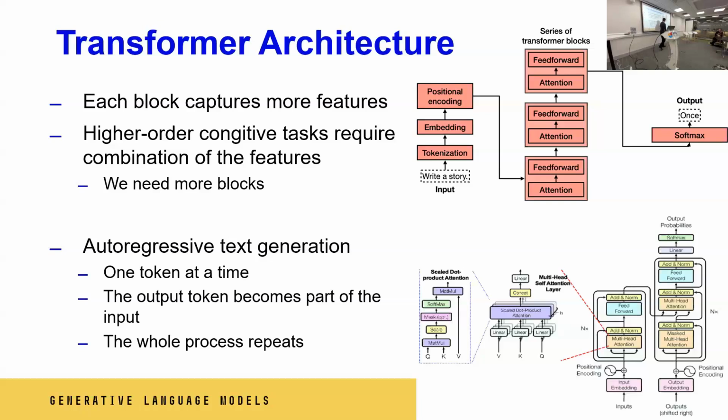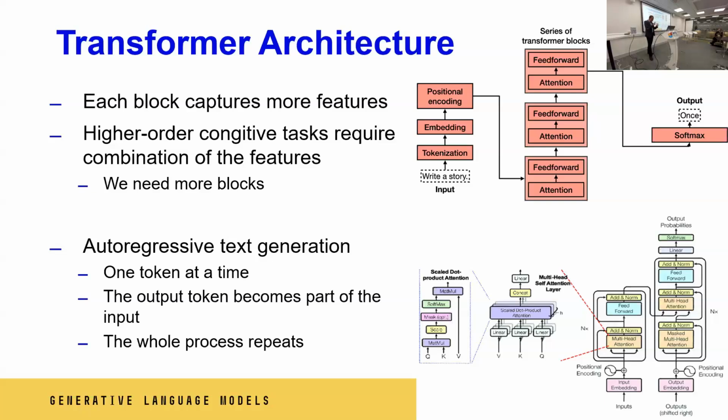Yeah, so all this multi-head attention is part of this transformer, and then we have more transformer blocks, yes, a series of transformer blocks, and each input is then processed through this series, and then we are getting the output.